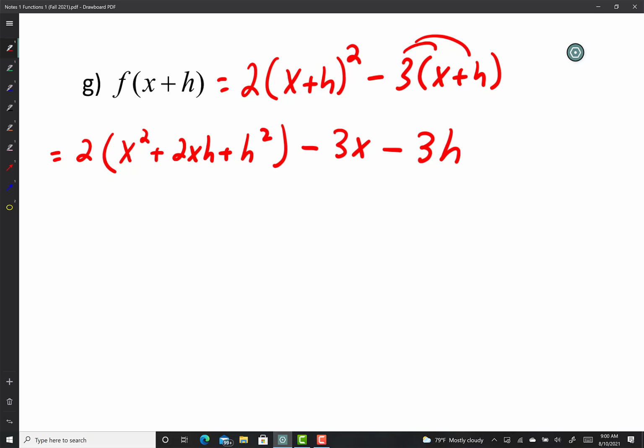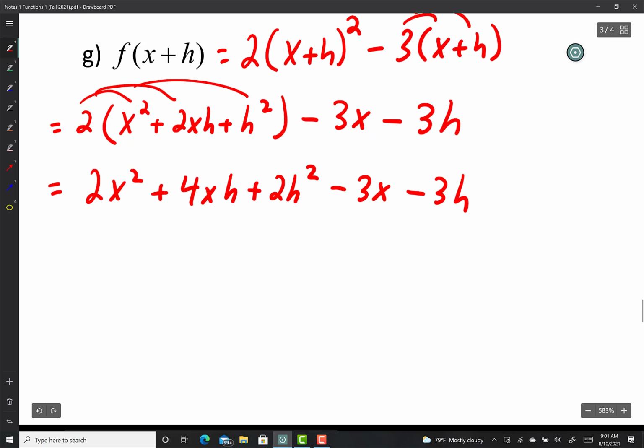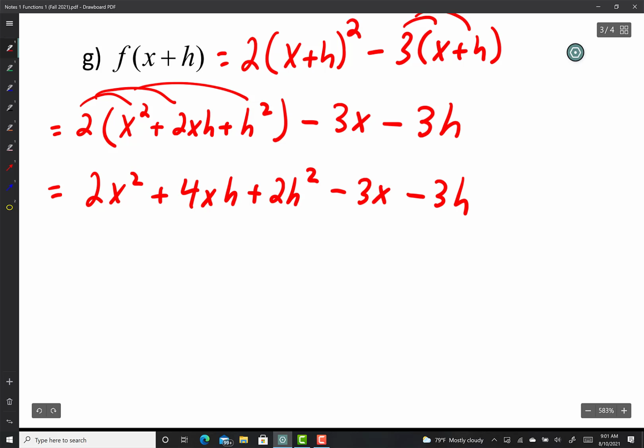I'm going to distribute the 2. Don't worry, guys, we're almost done. 2x squared plus 4xh plus 2h squared minus 3x minus 3h. Nothing cancels out. Nothing combines. Leave it alone right there. We're okay so far? Okay.